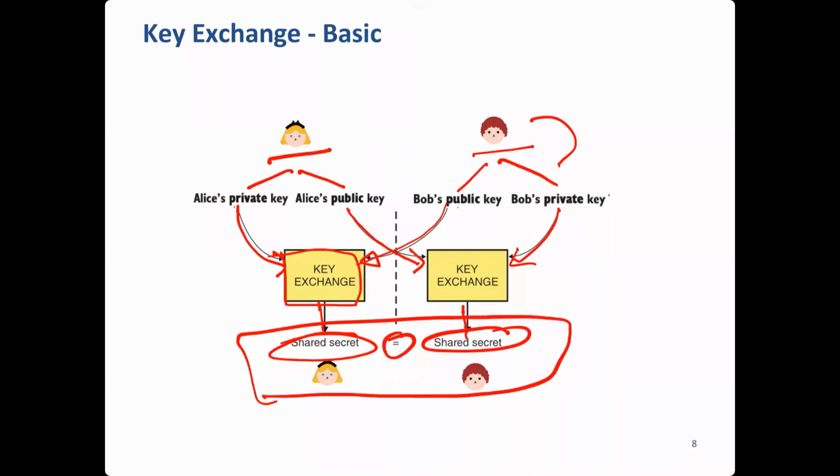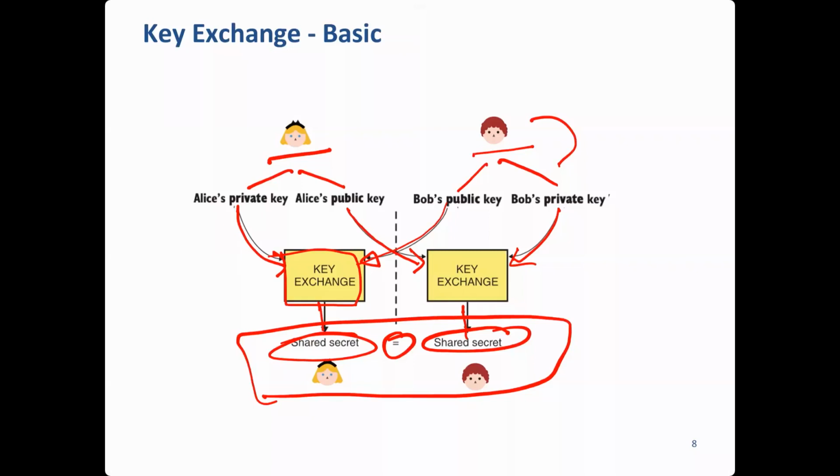Now, can you think of something? Think of your friend, and both of you come up with the same key by exchanging something, and these things are generated independently. Alice's public key will have no relationship with Bob's public key. Can you think?